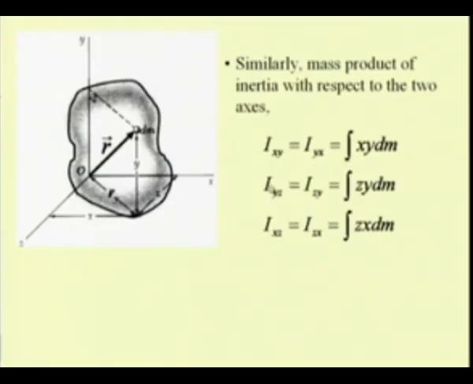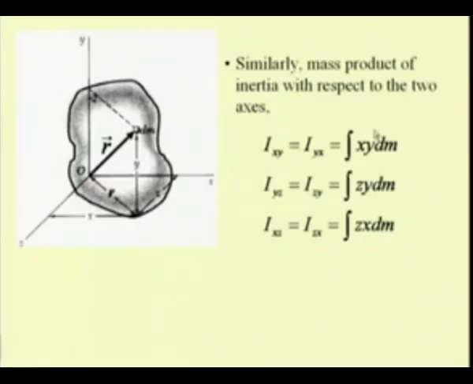And in the same way we have Iyz as the integral of zy dm and Ixz as the integral of zx dm. These three quantities define the product of inertia of the mass with respect to the two concerned axes.